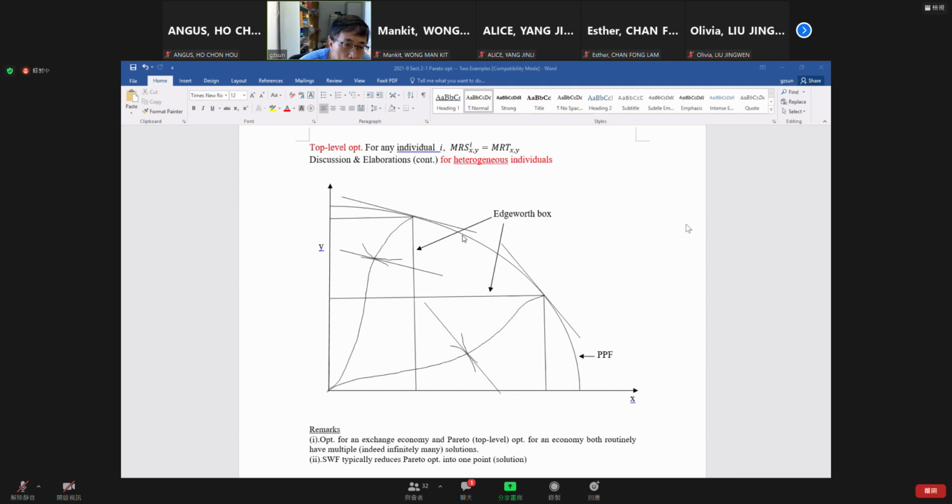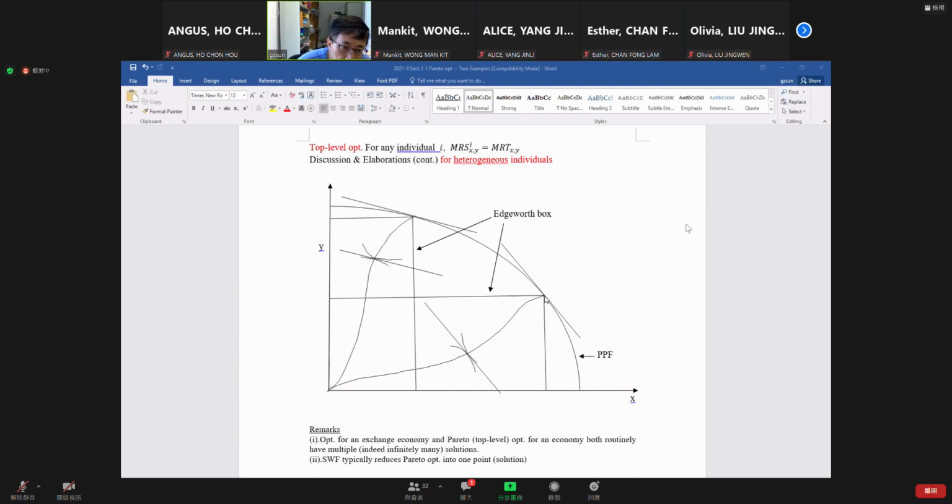And then if we choose any point, that is a technically efficient point, that is, we do not waste any resource. We organize our production very efficiently. We don't make any waste. And then suppose we are operating our whole society at this point.